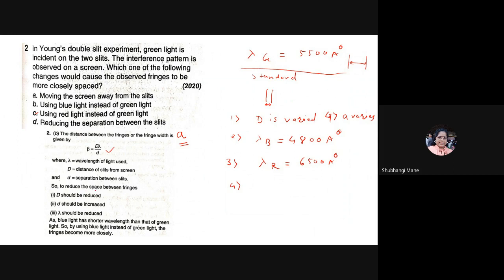So to reduce the space between fringes, what should be varied? d should be increased... Actually the simple formula to remember is beta equals lambda D upon d.